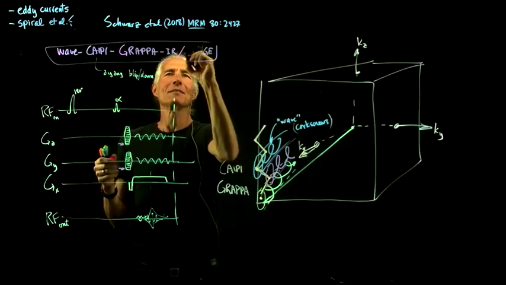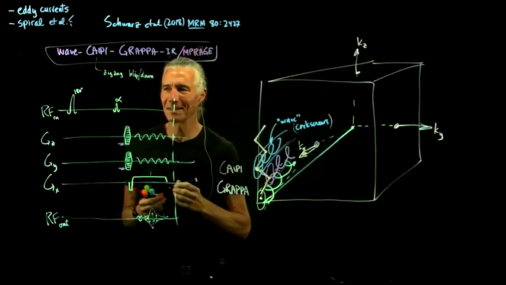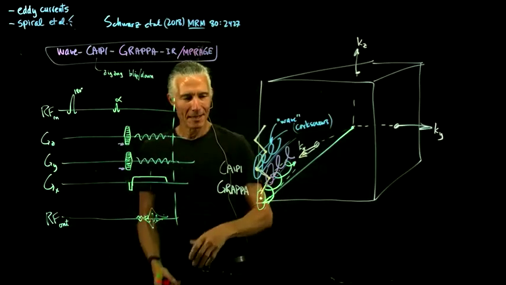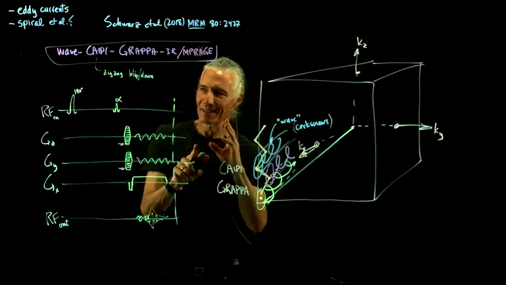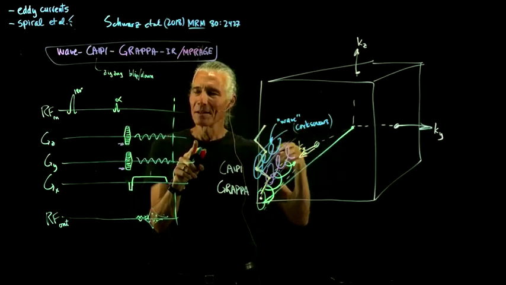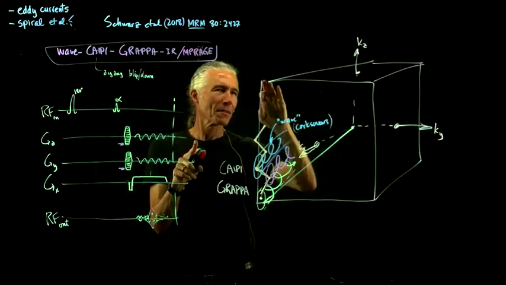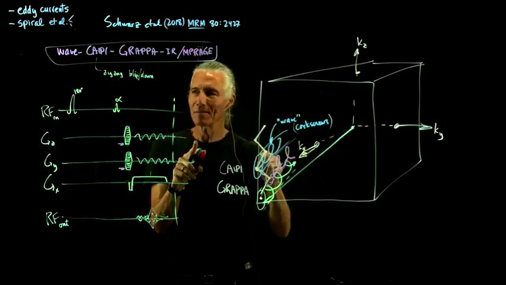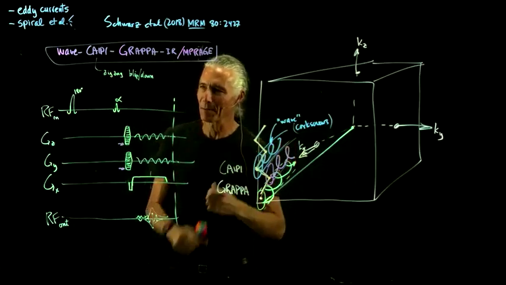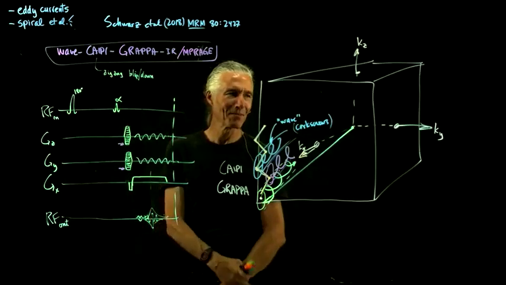So magnetization prepared, that's the IR part, and then rapid gradient echo. So it's not as morally upstanding as the stack of spirals, because it's got this problem of different contrast for different parts of K-space. But who cares when you're collecting the data in 40 seconds?